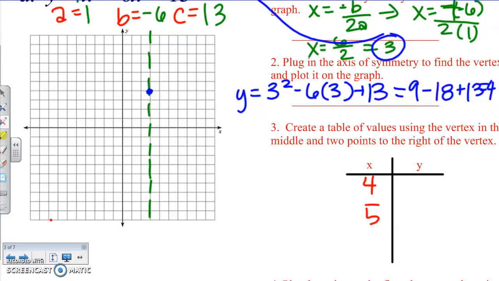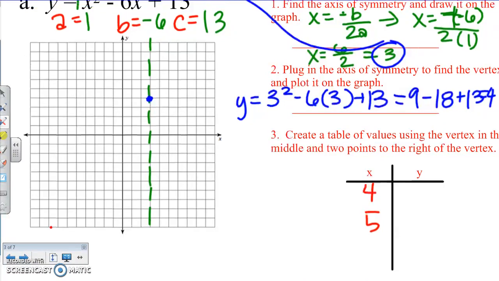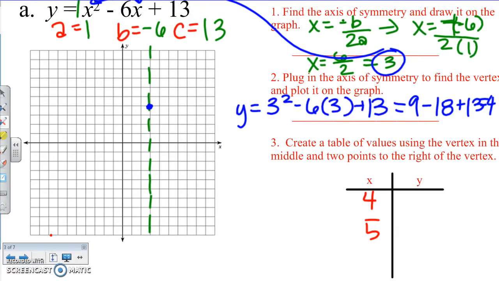You're going to do just what we did before, and you're going to plug that 4 into your equation. So, if x is 4, I'm going to have 4 squared minus 6 times 4 plus 13. That gives me 16 minus 24 plus 13, which is 5. I'm going to plot that point.